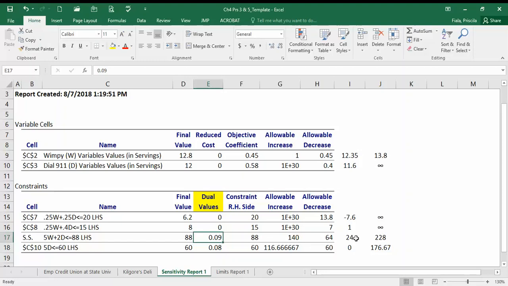So this is my allowable decrease, this is my allowable increase, with the range of feasibility. For every unit that I increase on the right hand side of the constraint, my dual value is going to tell me by how much my optimal solution is going to either increase or decrease.